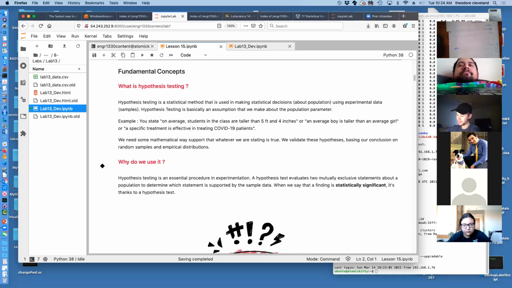Average boy taller than average girl, that's a little harder. There's roughly 8 billion people on the planet, and I think the planetary age cohort is something like in the 18 to 20-year-old range. That's where most of the population of the planet exists right now.